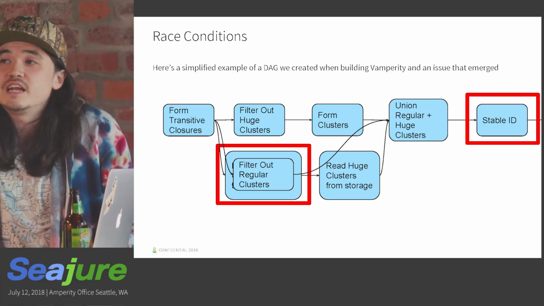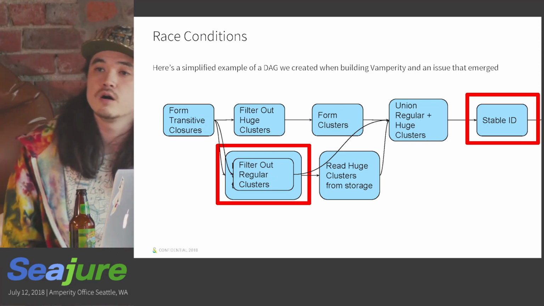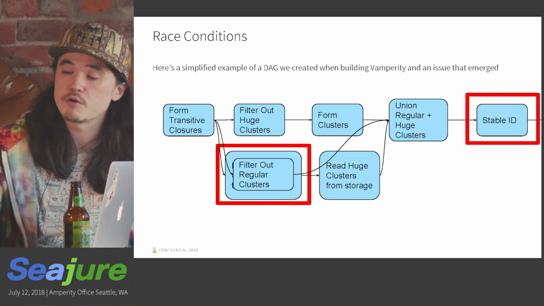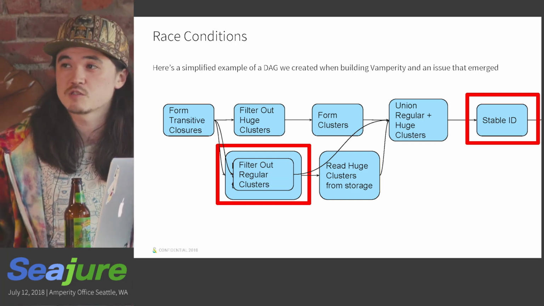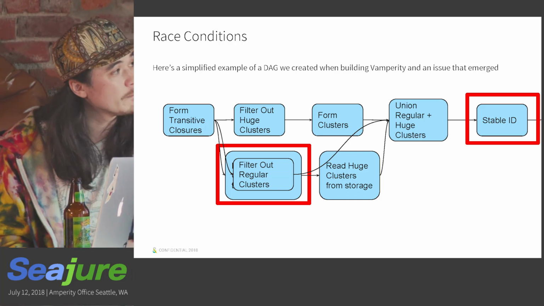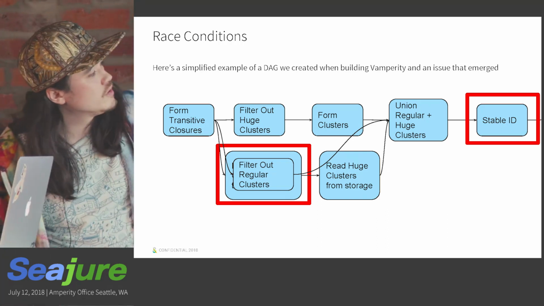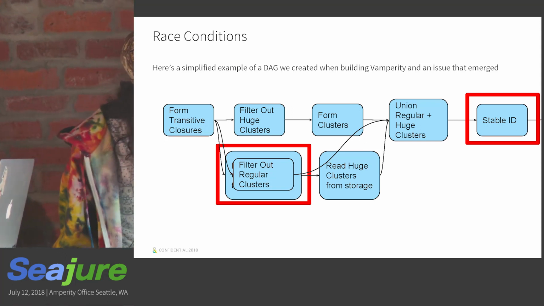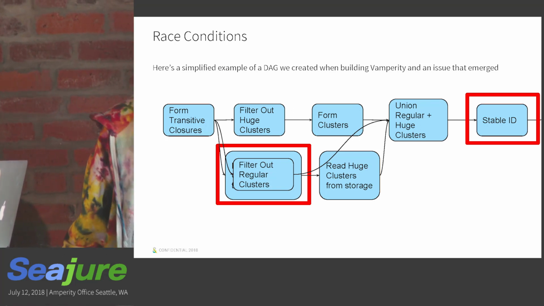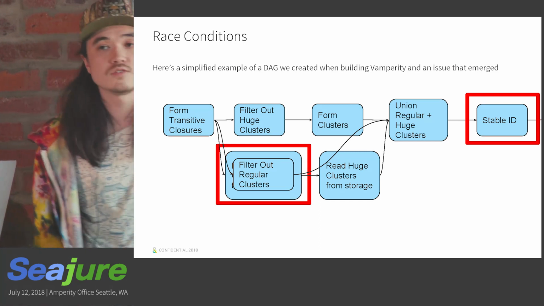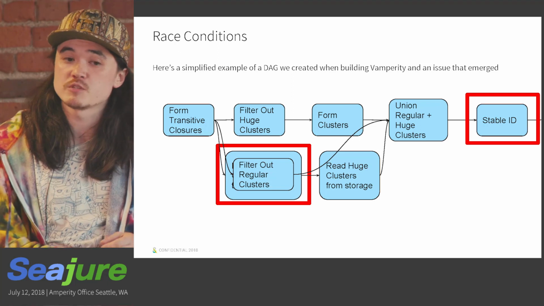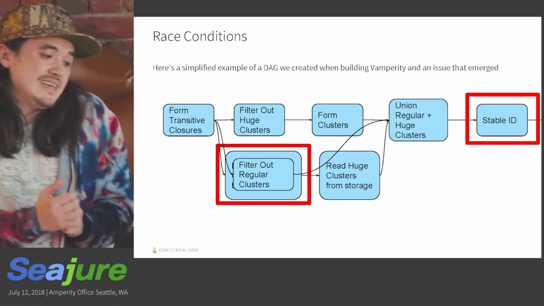So it's useless data from the perspective of a customer-facing firm that wants better engagement with that customer, because that's not a real customer, it's just some sort of test data. So we would set aside the huge clusters, write them to storage, and then read them back and union them with the regular clusters after we push the regular clusters through what we call a more expensive clustering process.